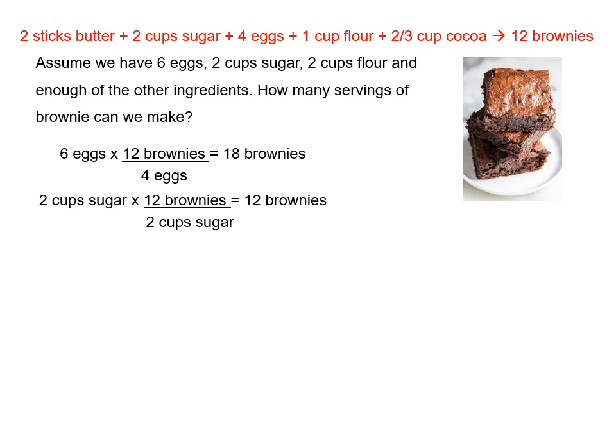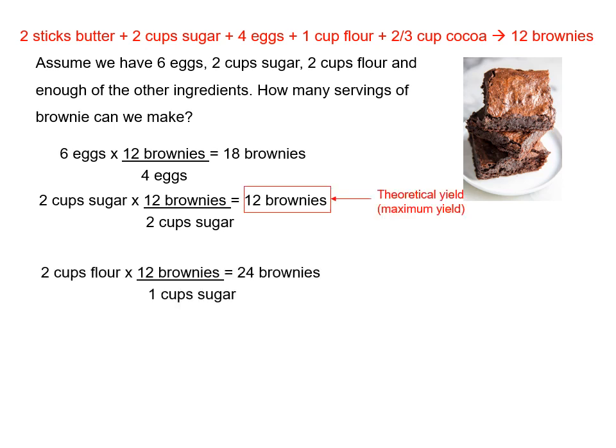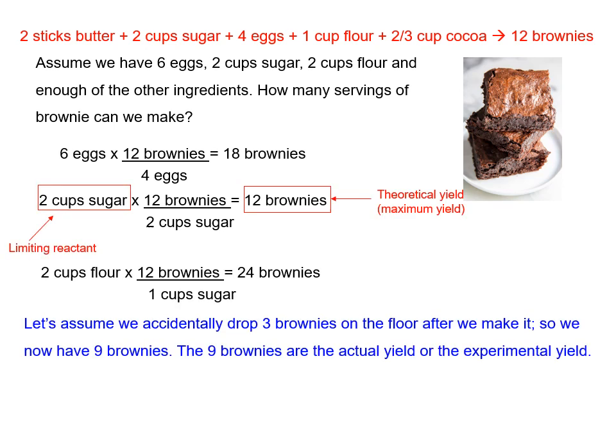So we looked at this reaction where we make 12 brownies. Now, let's assume that we accidentally drop 3 of our brownies on the floor after we make them. So let's say we actually do this. We make our brownies, we cook them, and after we cook them, we drop 3 of our brownies on the floor.